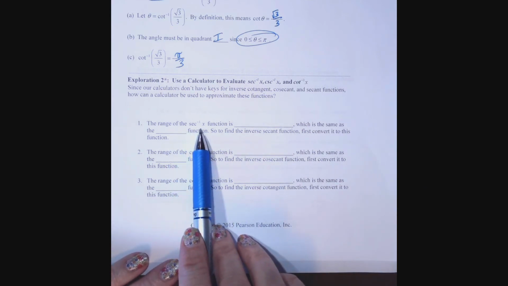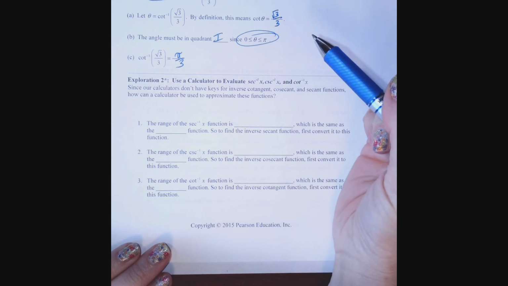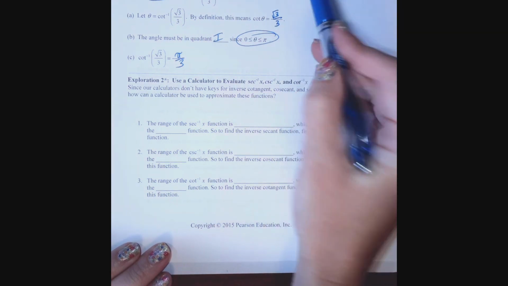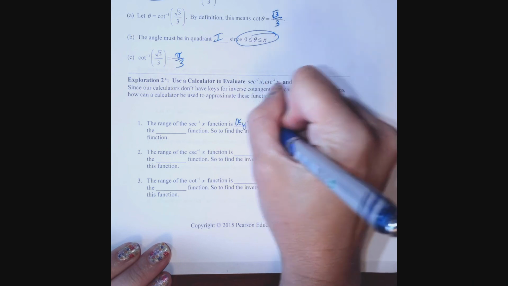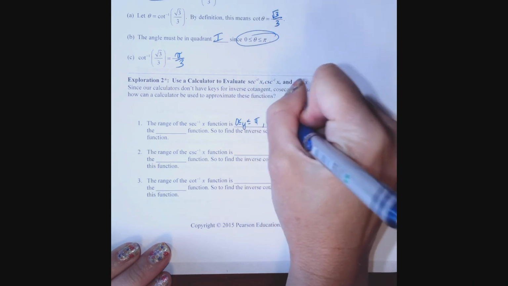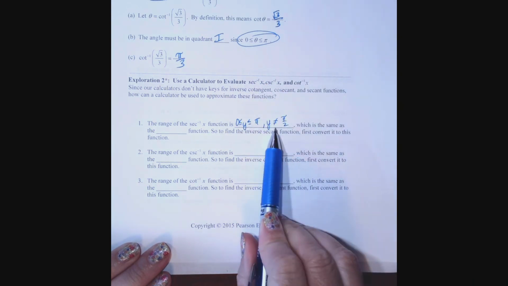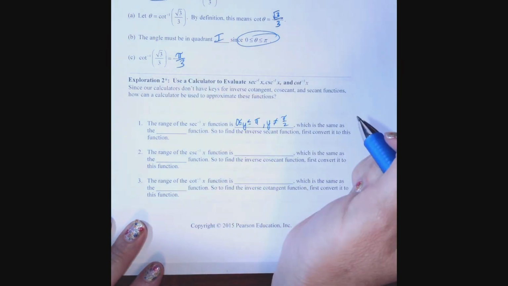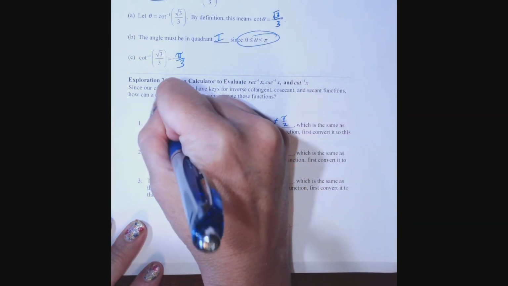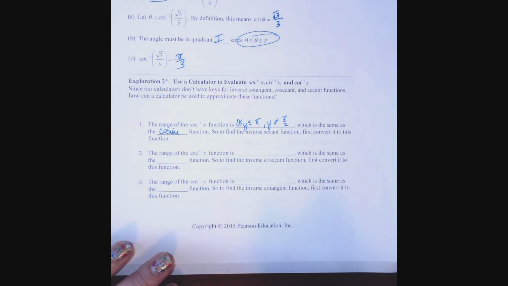Now, secant inverse of x, the range of that function, just like we defined up here, is y is between 0 and pi except for pi half, because that's where it's undefined. We're going to use that as it's the same as the cosine function. So we can use inverse cosine, find the reciprocal to get to secant inverse.